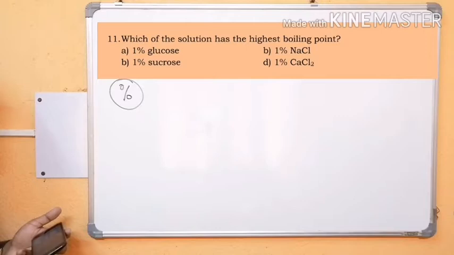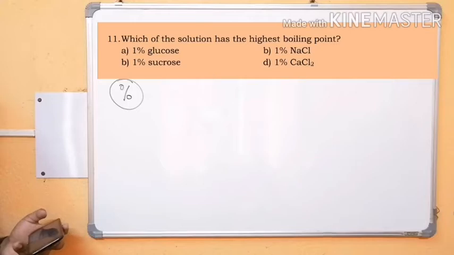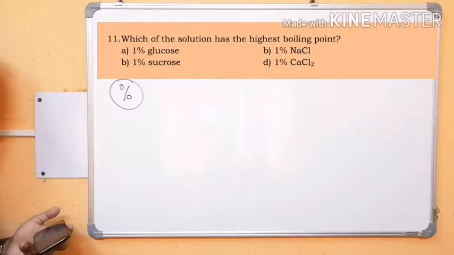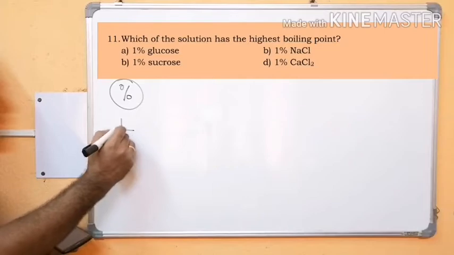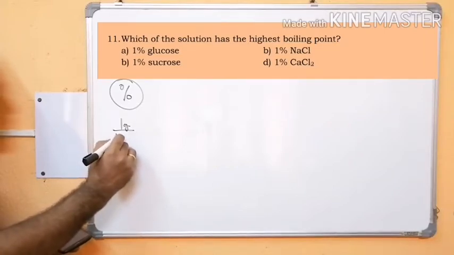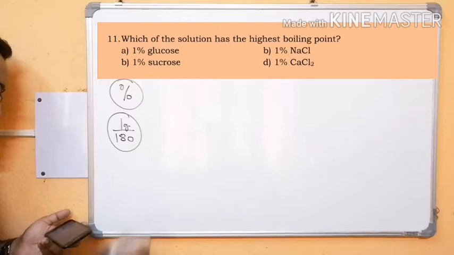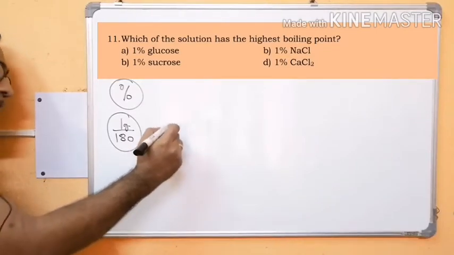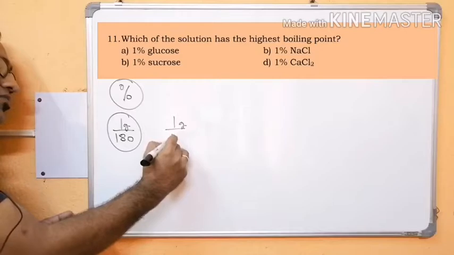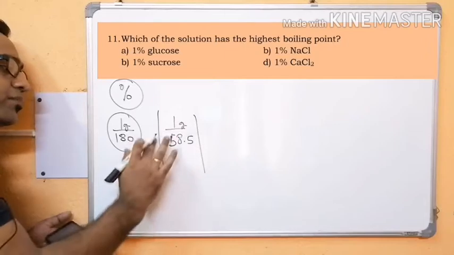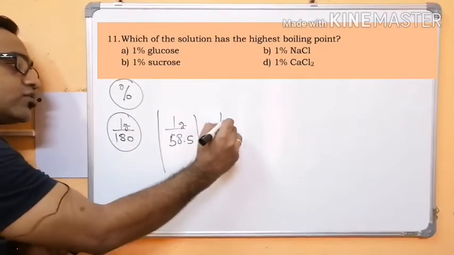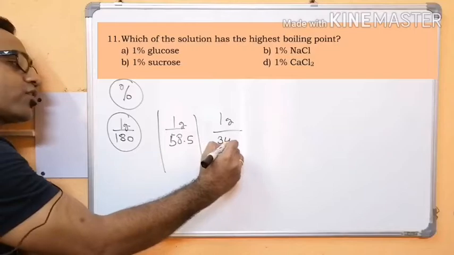Now whenever the concentration is a percent solution, what do you have to do? You have to find out the number of moles, and we also have to consider the i value. So in all cases, 1% glucose means 1 gram divided by the molecular weight of glucose, which is 180. 1% sodium chloride is 1 gram divided by 58.5. 1% sucrose is 1 gram divided by 342.